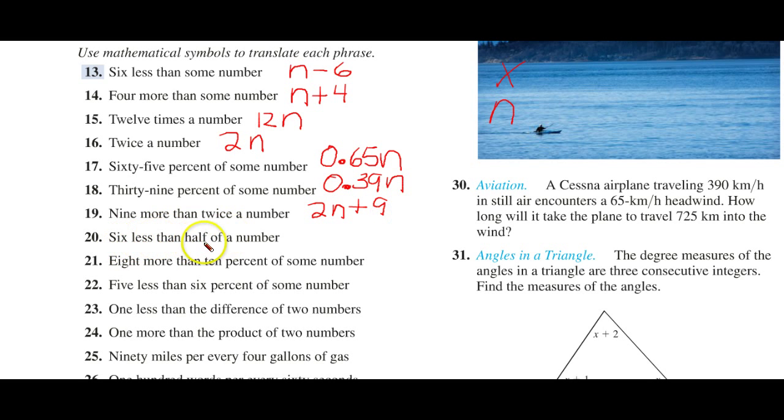6 less than half of a number. Now half of a number, and then 6 less. Now another way you could have written that is 0.5 for 1/2 instead of the 1/2. 8 more than 10% of some number?